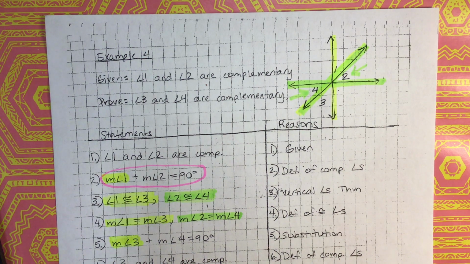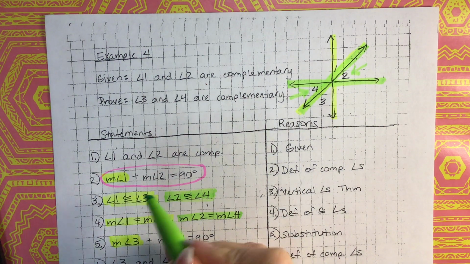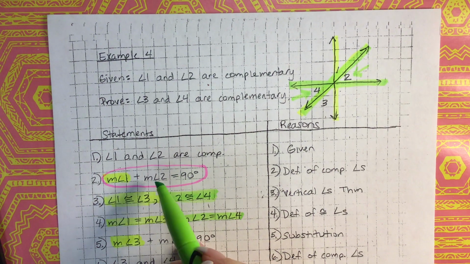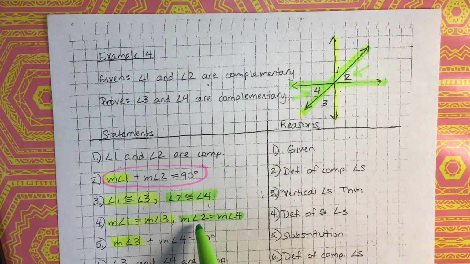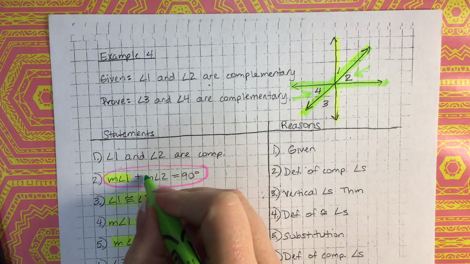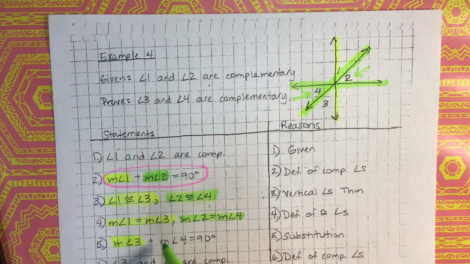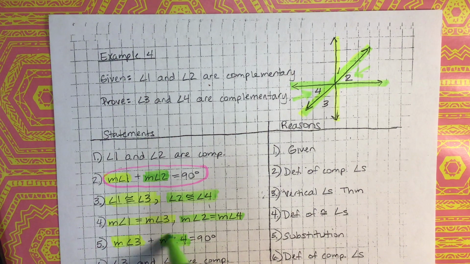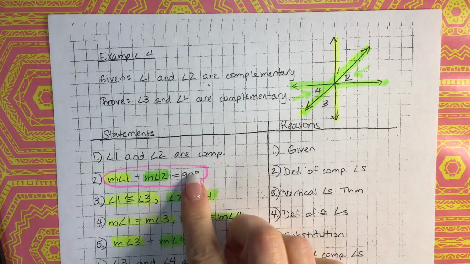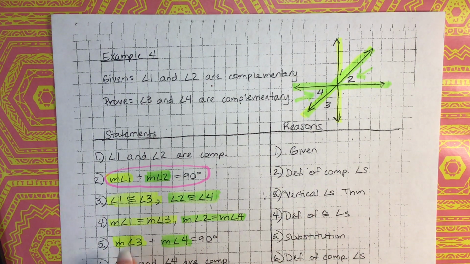And then we have the measure of angle 2. Is there a different way of stating the measure of angle 2? Yes, the measure of angle 2 is equal to the measure of angle 4. So instead of writing the measure of angle 2, we can write the measure of angle 4. And then we just write that same 90, right? So we substituted twice, and what do we end up with?